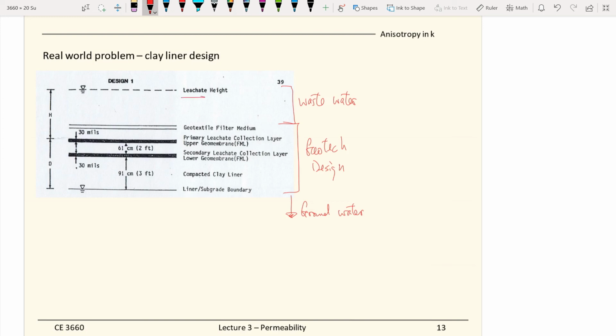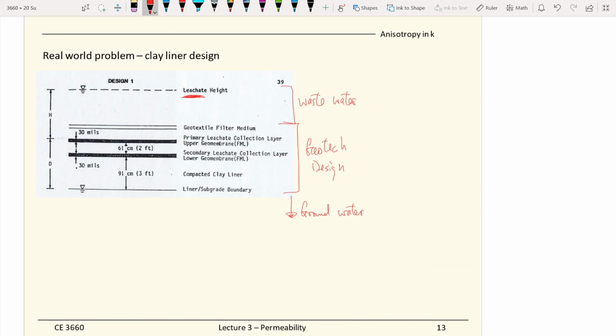Leachate is the wastewater from the municipal waste that is harmful, dangerous and toxic, all the bad things together, and you want to keep that wastewater out of the groundwater.